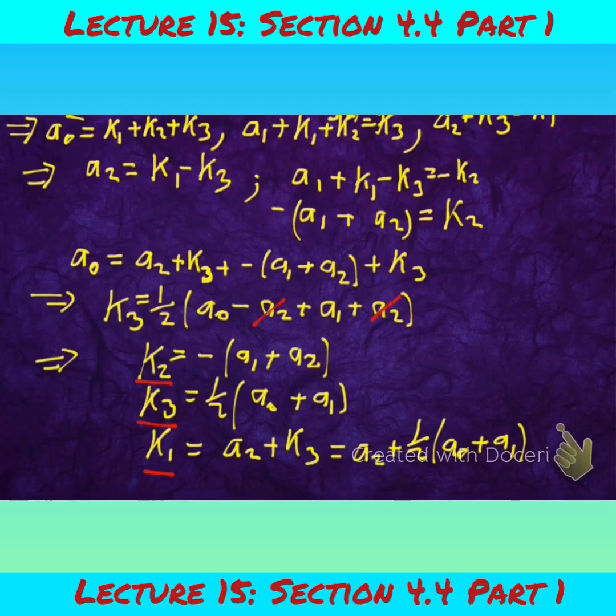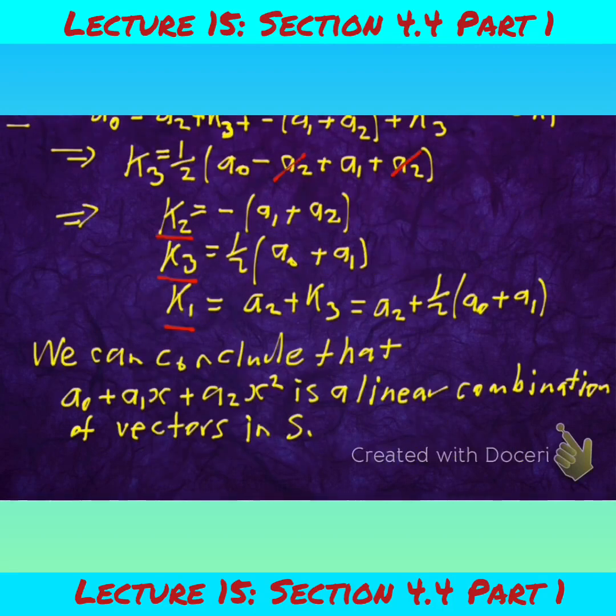Can we find scalars K1, K2, and K3 such that our function f of x, a0 plus a1x plus a2x squared, is a linear combination of the vectors in S? Yes. So we can conclude that the function we chose from P2 is a linear combination of vectors in S.